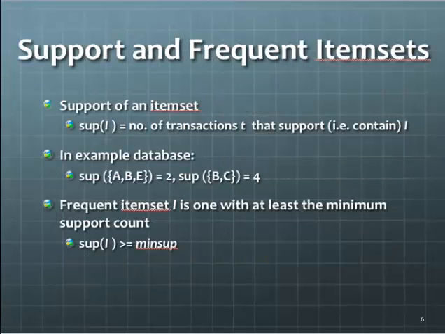After understanding the transaction data, let's start to introduce the first important parameter of association rule analysis, which is called the support. The support of an item set is an important property, which refers to the number of transactions that contain a particular item set. For example, let's try to calculate the support of the item set ABE in the example dataset.